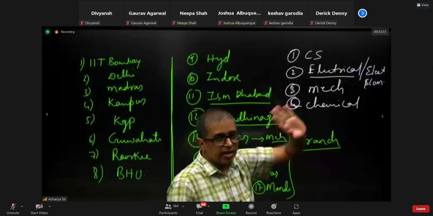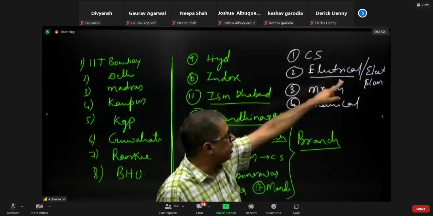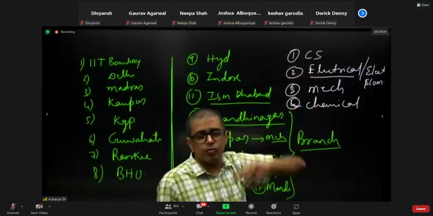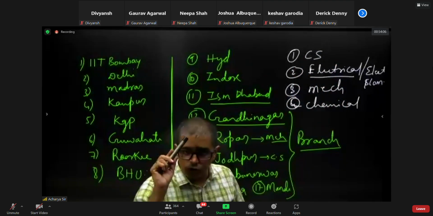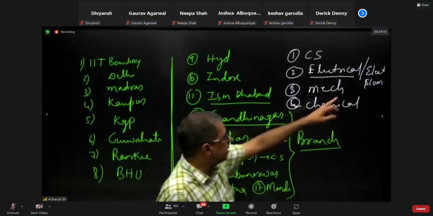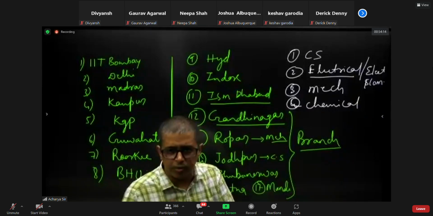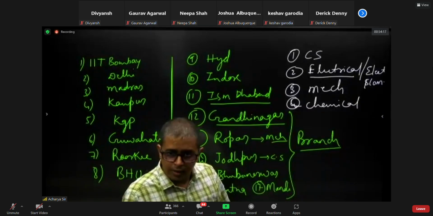IIT Bombay doesn't have electronics, so basically I'm going with that nomenclature. Electronics comes along with electrical. Electrical is more core when compared to electronics, but they are sister branches. You will have more than 3 years of papers almost the same.